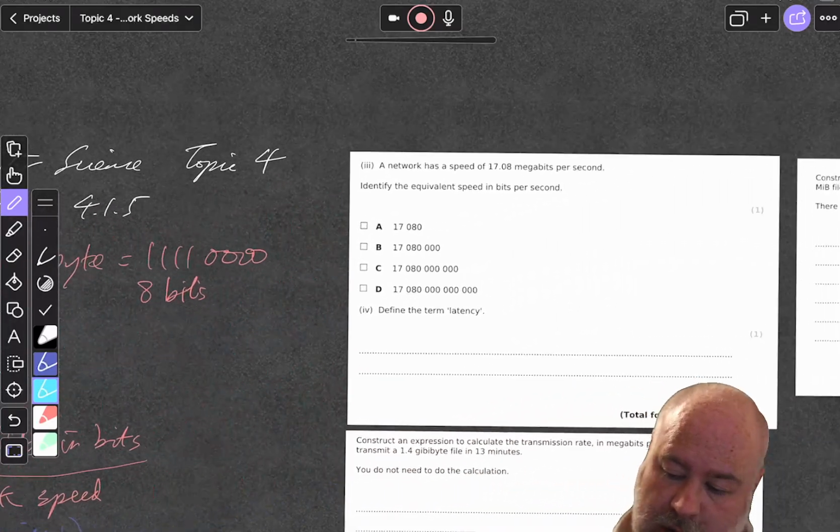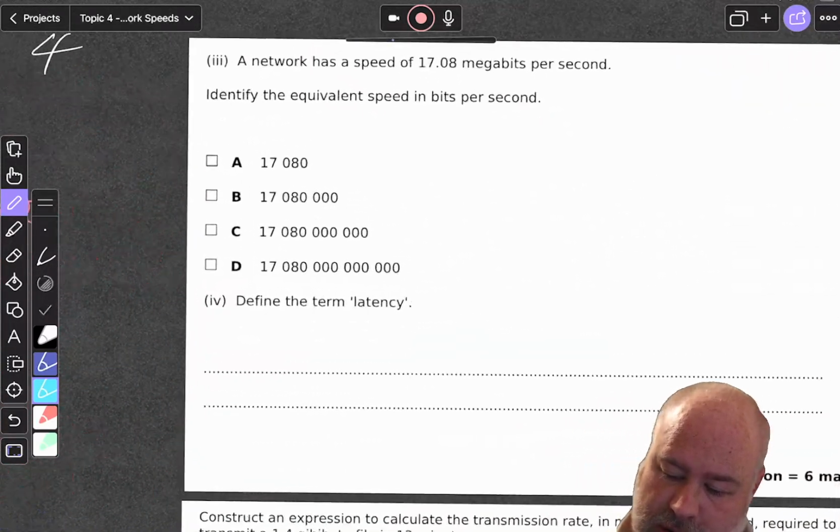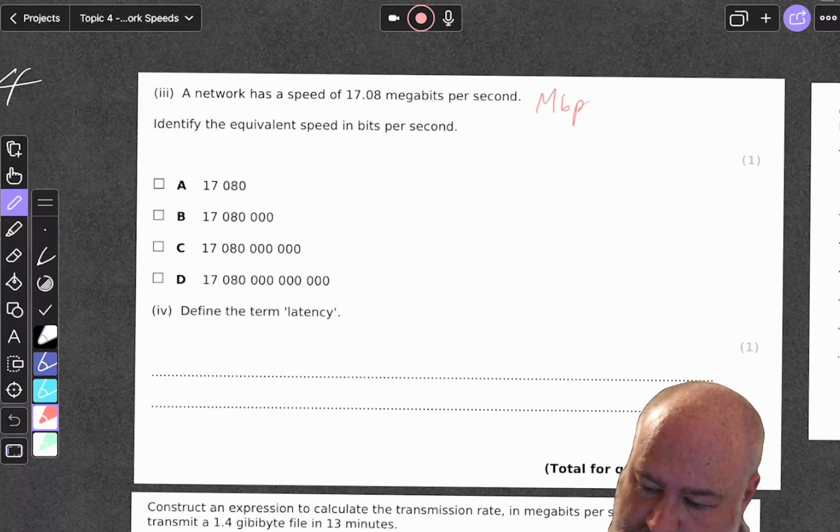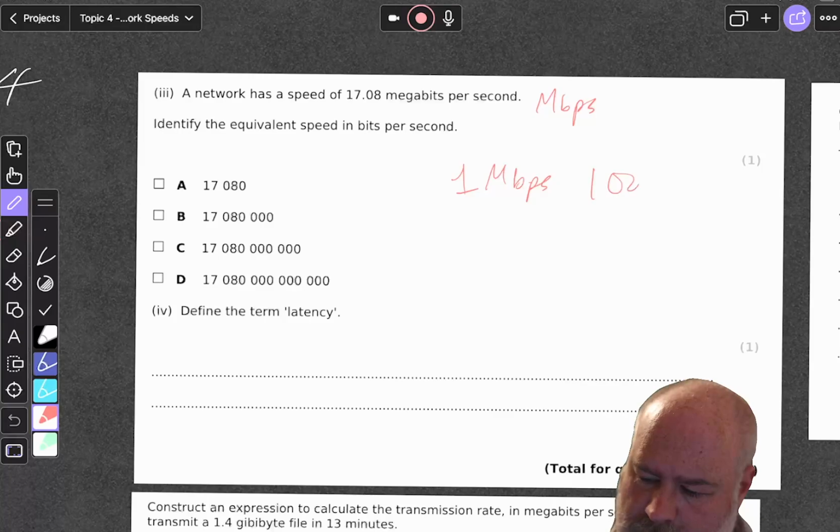So let's have a look at some examples. A network speed has a speed of 17.08 megabits per second. Okay, so we know that that's an Mbps. Identify the equivalent speed in bits per second. So I would think, okay, what would be 1 megabit per second? Well, that would be 1 with 6 zeros.